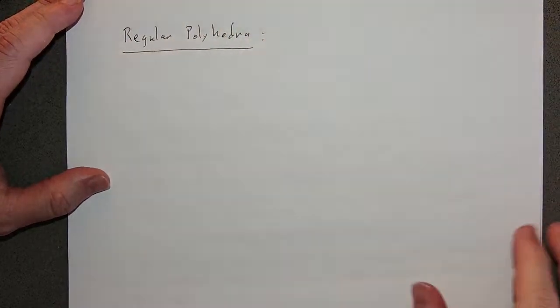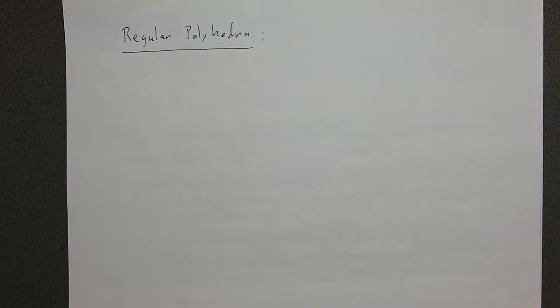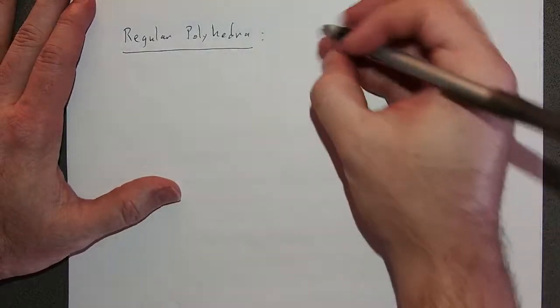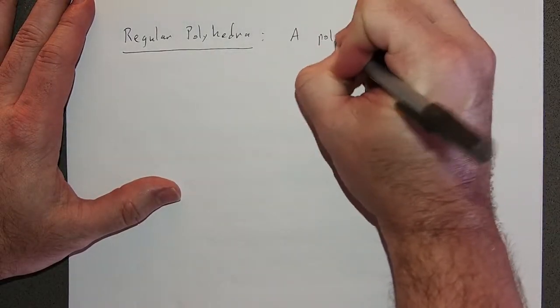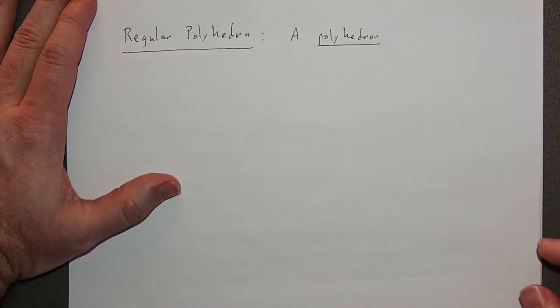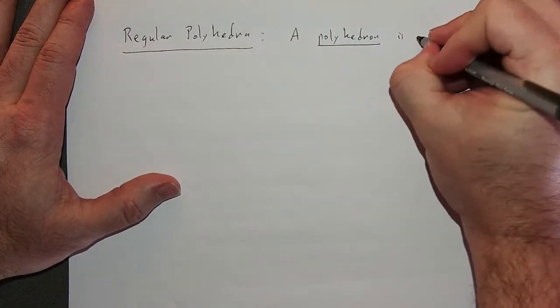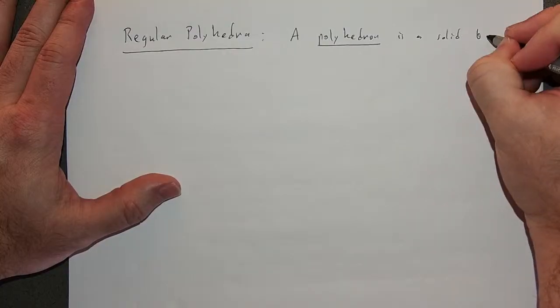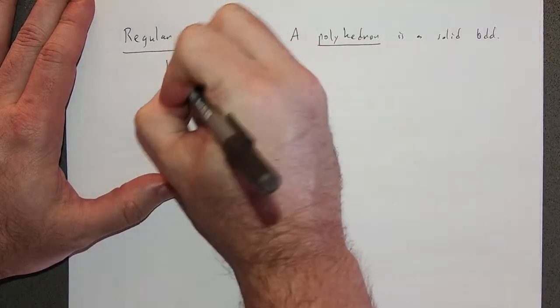The regular is not required here, but it's something that makes it easy. In fact, a polyhedron, what is it? A polyhedron is a solid bounded by flat surfaces.